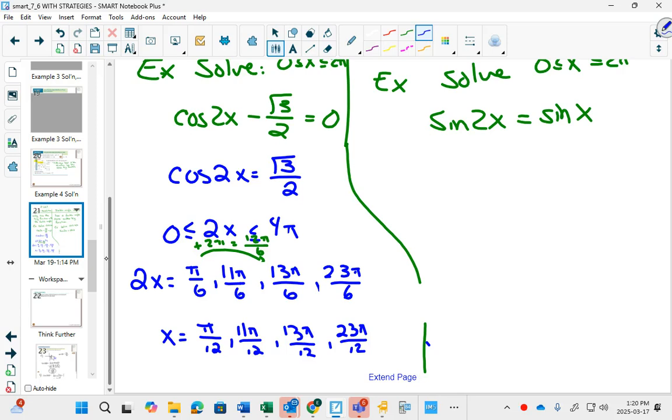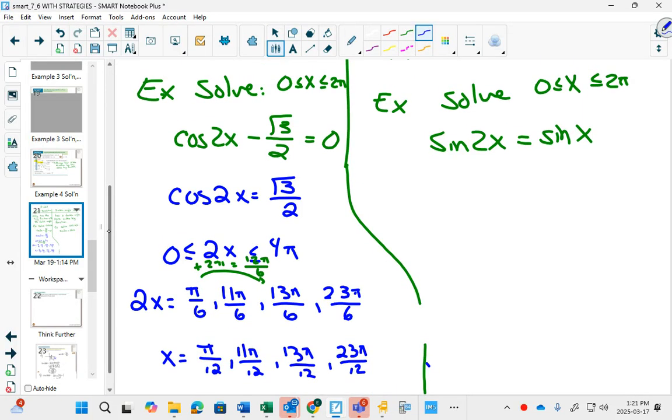And we get 4 answers. So that's a review of multi-revolution questions, where you restate your domain for whatever the angle is, solve for that angle, but this time we had to go 2 times around, and then get x by itself.